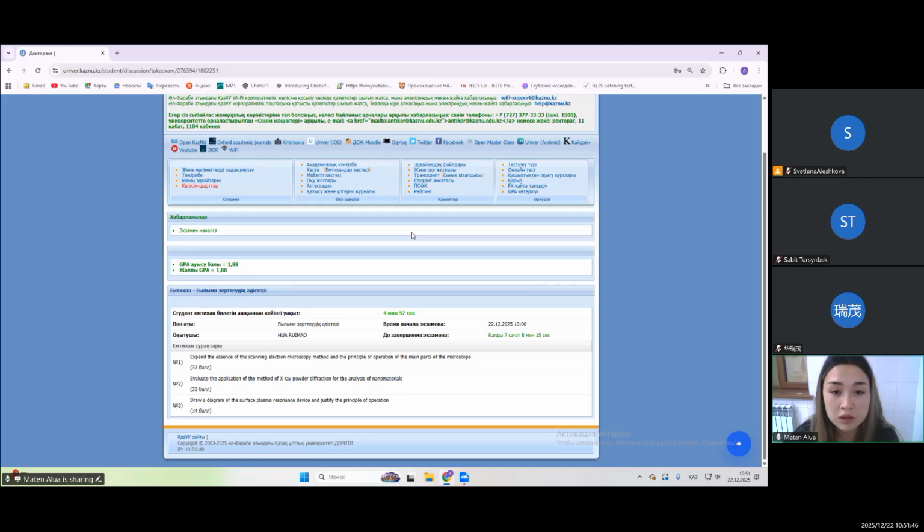Principle of operation: the microscope operates under high vacuum conditions to avoid electron scattering by air molecules. An electron gun, thermal or field emission, generates a stable electron beam. This beam is focused into a fine probe by a system of electromagnetic condenser and objective lenses.